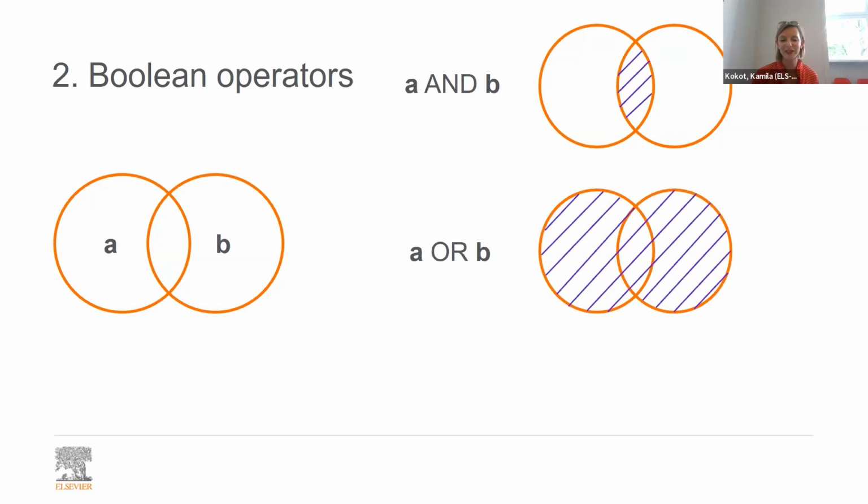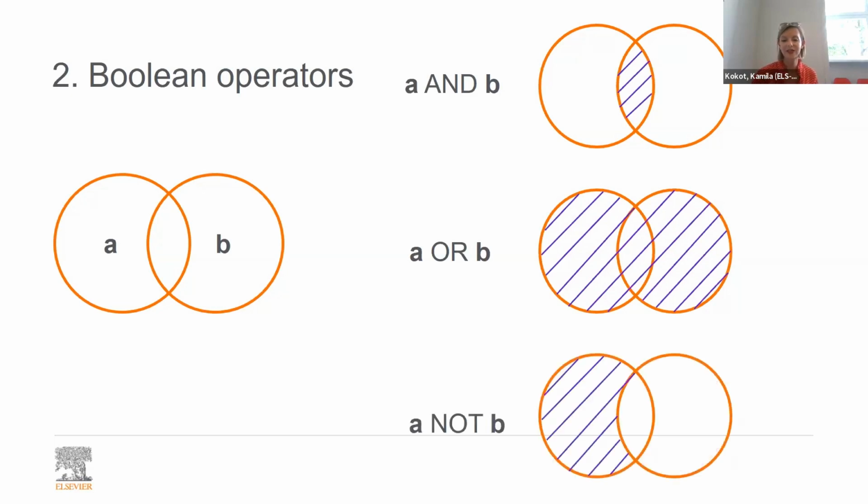With another operator, which is OR, we will get a lot of results which are common for both terms, but also those connected only with term A or with term B. And the last one is the operator NOT. As you can see, now we exclude some terms, some results, and we only get results for term A.